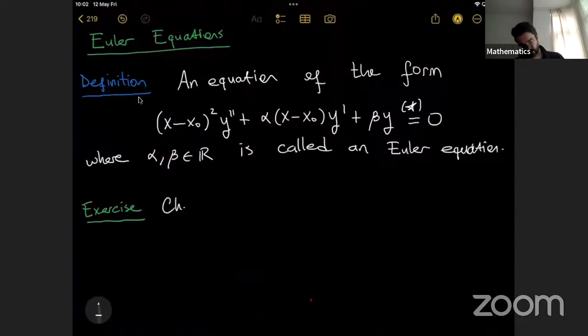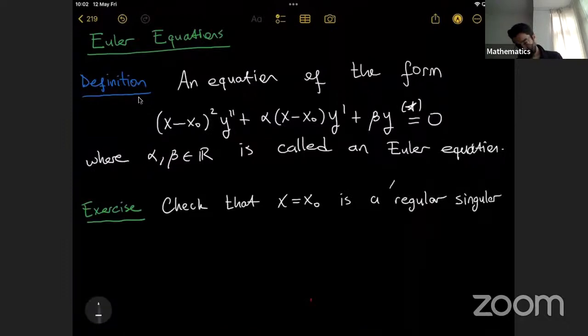Check that x is equal to x naught is a regular singular point. Okay.